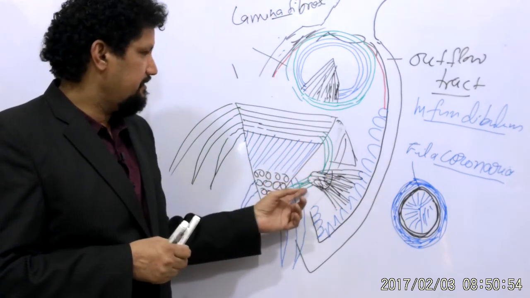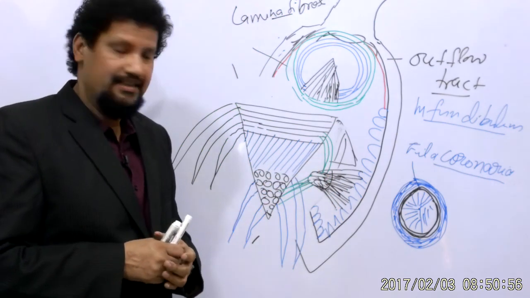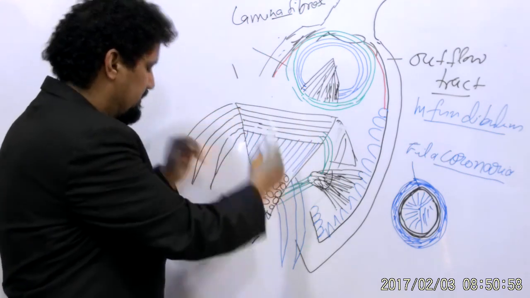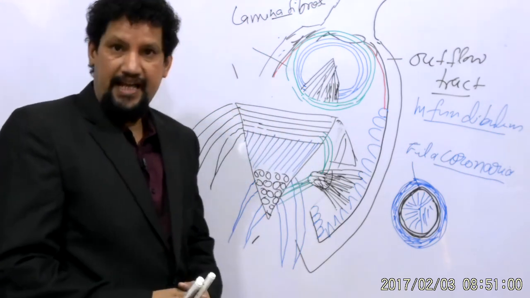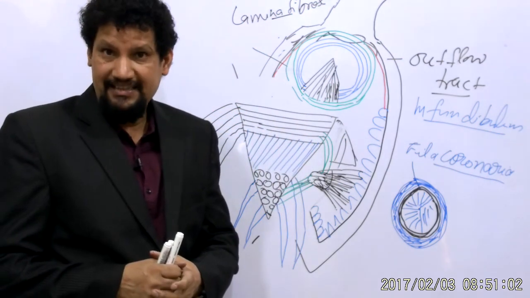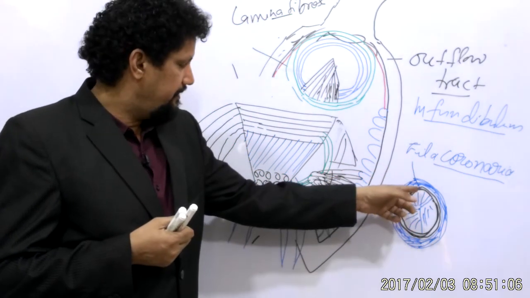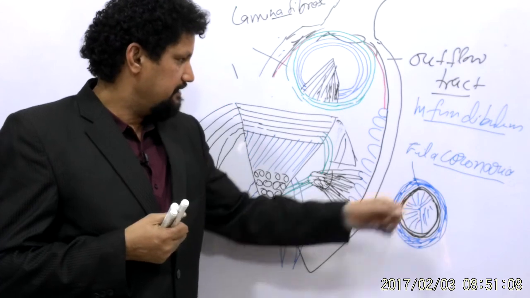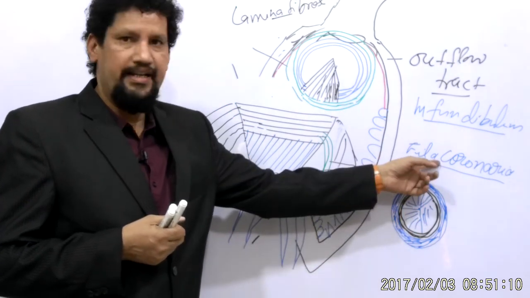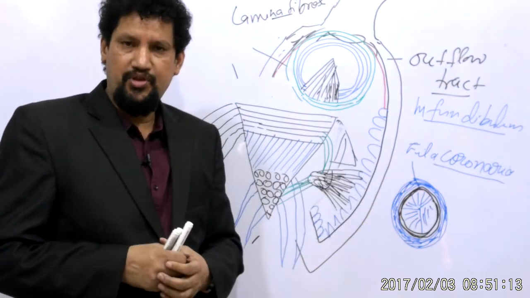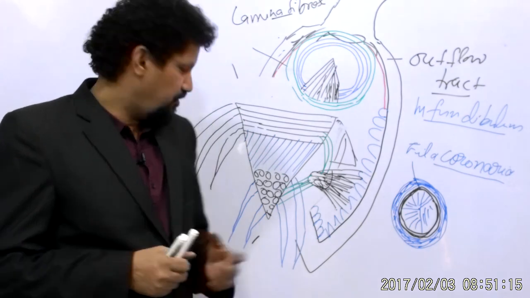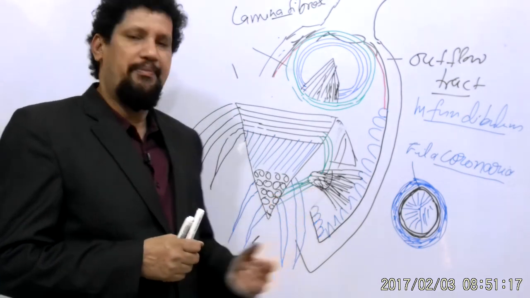These tendons are known as chorda tendini, and this part is known as the cusp. So simply, the tricuspid valve complex has the orifice, the annulus, the fila coronaria, three cusps or three leaflets, the chorda tendini and the papillary muscles.